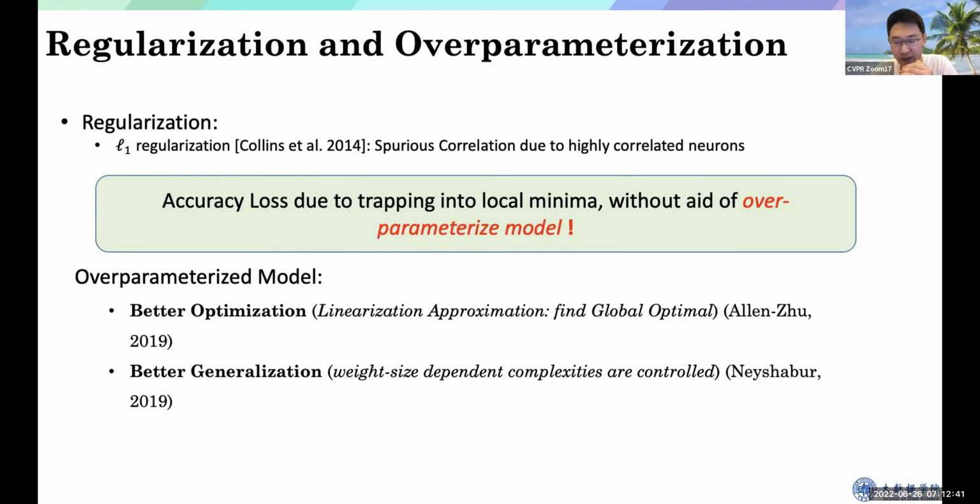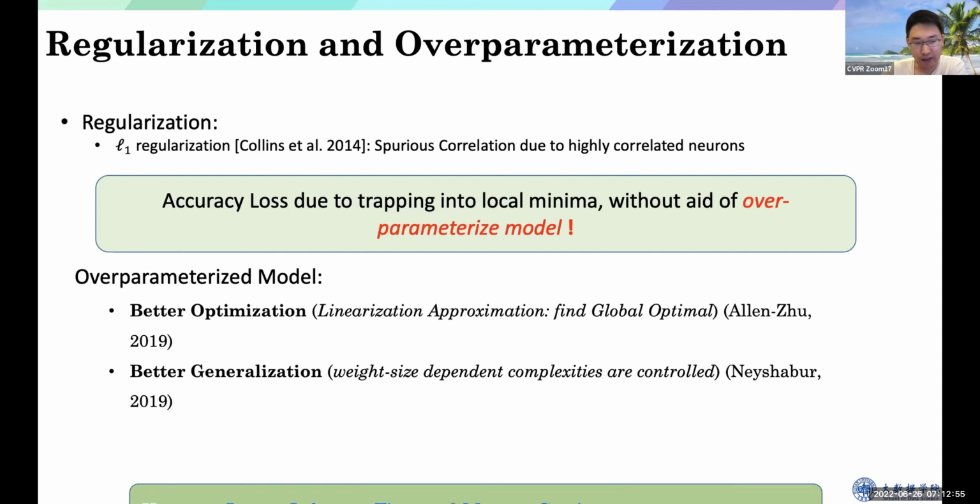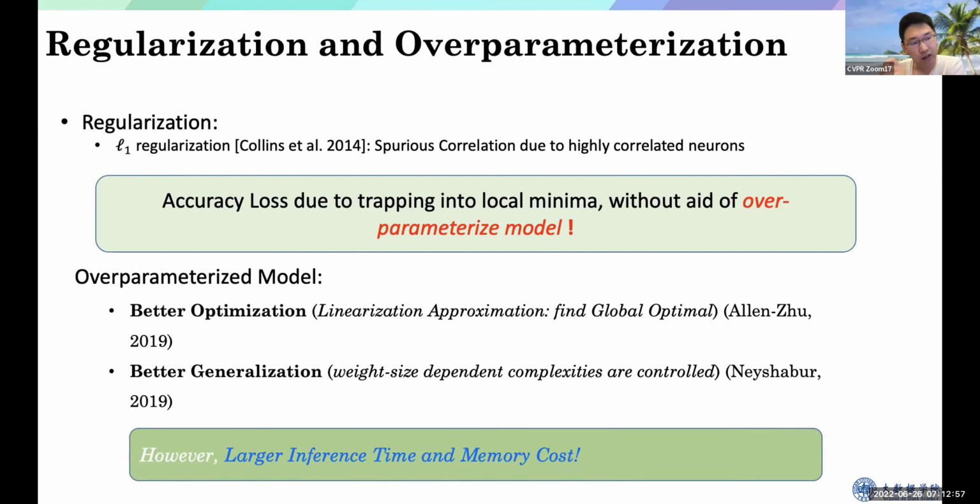In addition, the weight-dependent complexity, as multiplied terms of Lipschitz constants, is controlled, which can explain the better generalization it obtained. However, the over-parameterized model suffers from large inference time and memory cost.